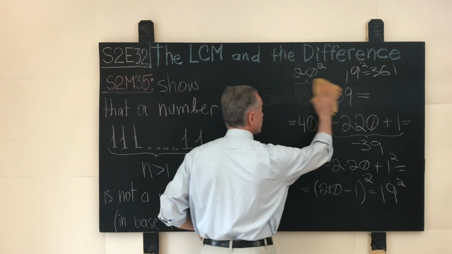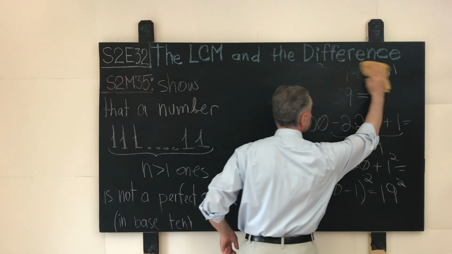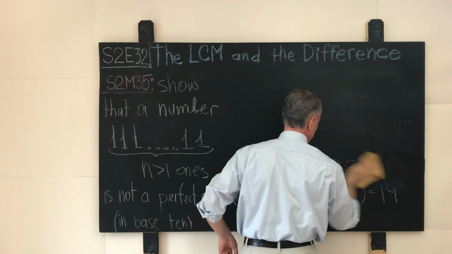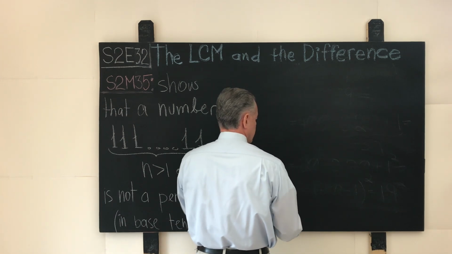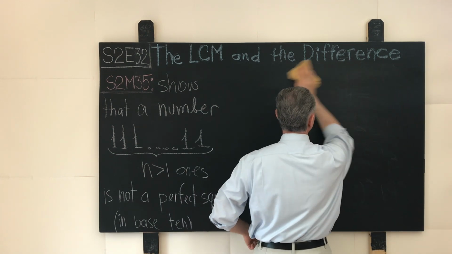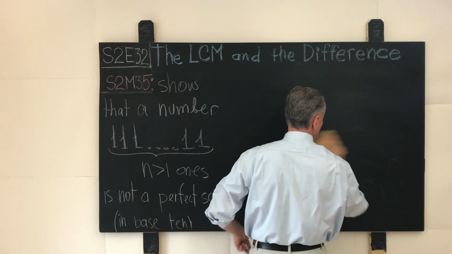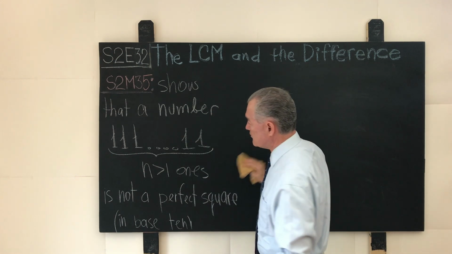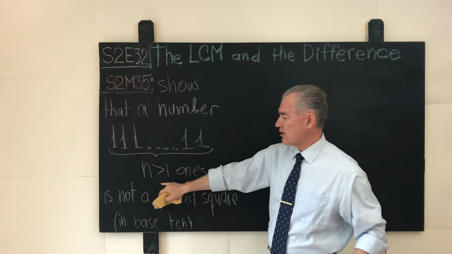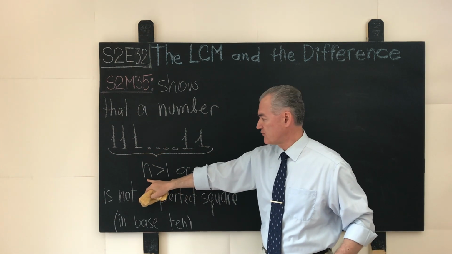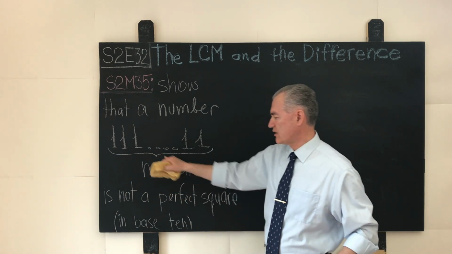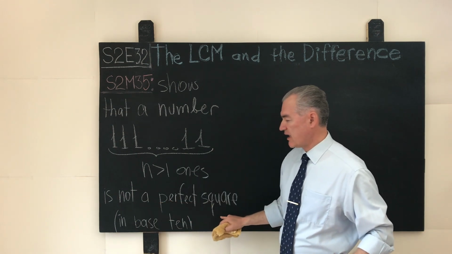Now let's go back to our next challenge, which will be the mathematical problem S2M35. In that challenge again, we are asked to use the eliminate and conquer problem solving approach in order to show that no number in the form 1, 1, 1, and so on, some number n of ones where n is greater than 1, is ever a perfect square.